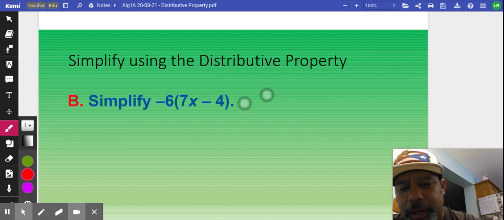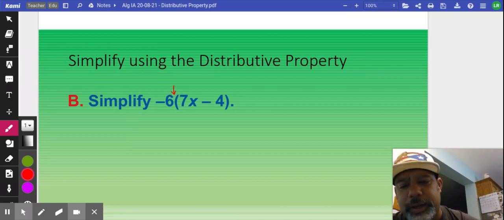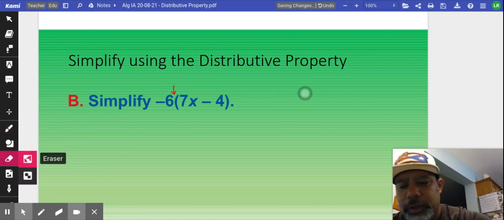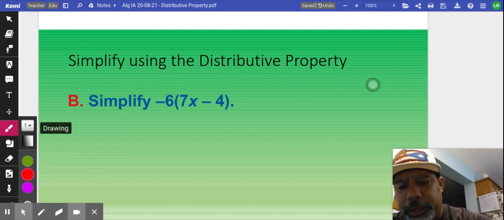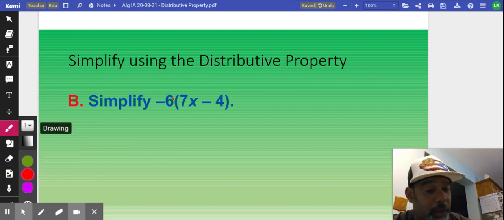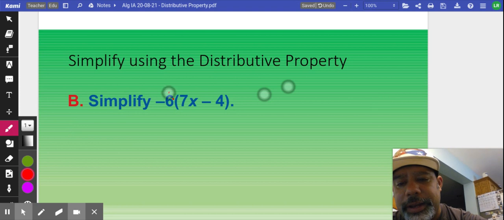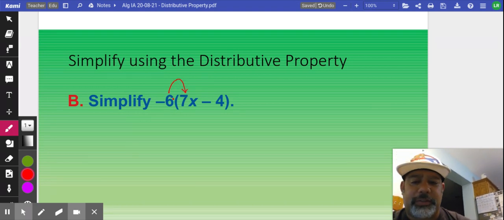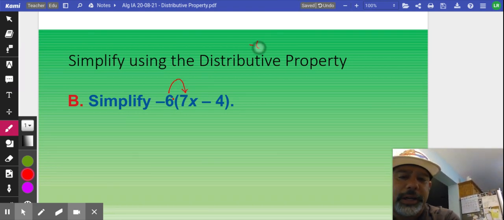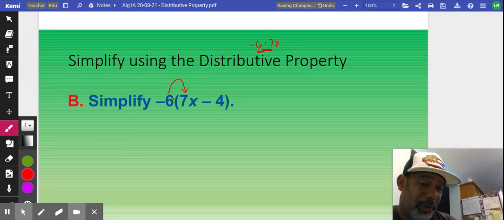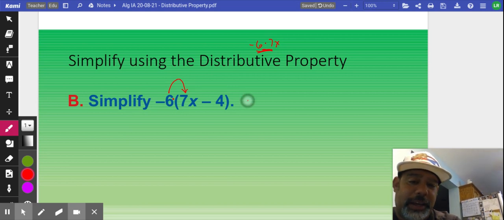Again, nothing in between the negative 6 and the parenthesis, so that means we are using multiplication, and we're going to multiply. So we have negative 6 times 7x. Remember, when we're multiplying numbers with different signs, the result is automatically negative. So negative 6 times 7, that's going to be negative 42x.